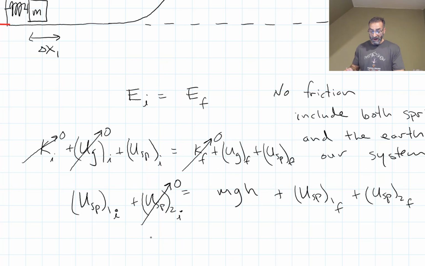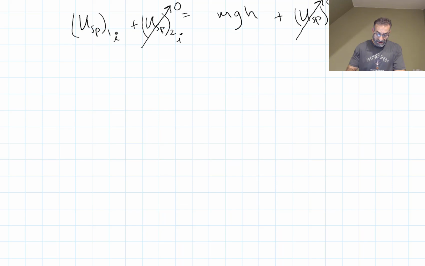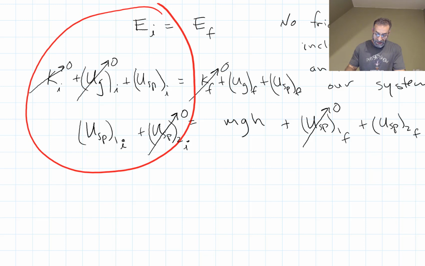And at the end of the problem, spring 1 is not stretched or compressed, so it has 0 energy stored in it. But at the beginning of the problem, spring 1 is compressed, so it's going to have energy stored in it. So all the energy at the beginning of the problem is stored in spring 1 in the form of spring potential energy.